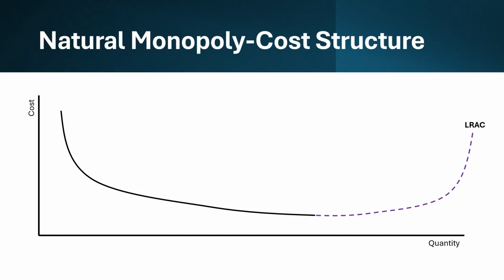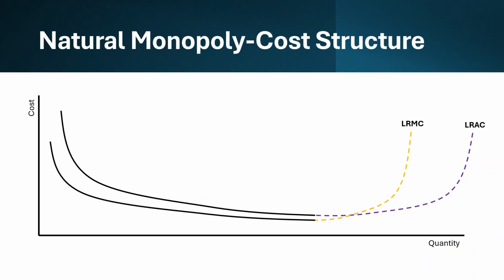Now let's look at the marginal cost curve. Marginal cost shows the extra cost of producing one more unit of output. Once the main infrastructure is in place, the cost of serving an additional consumer is relatively low. So marginal cost remains low. Because average cost is falling due to strong economies of scale, the marginal cost curve lies below the average cost over most of the relevant range.